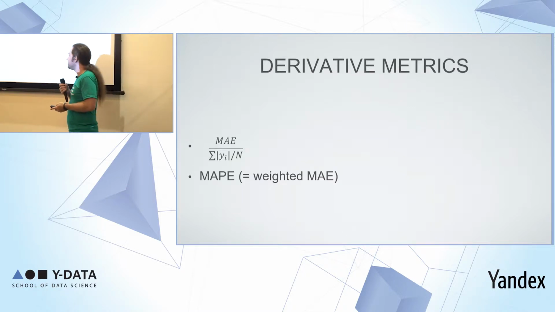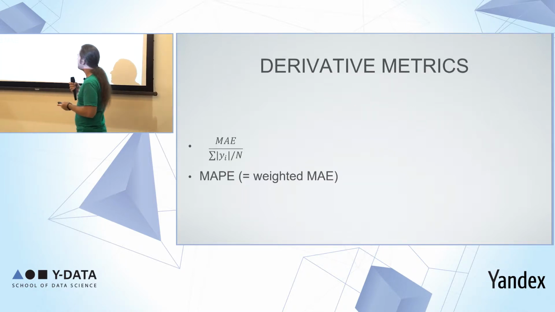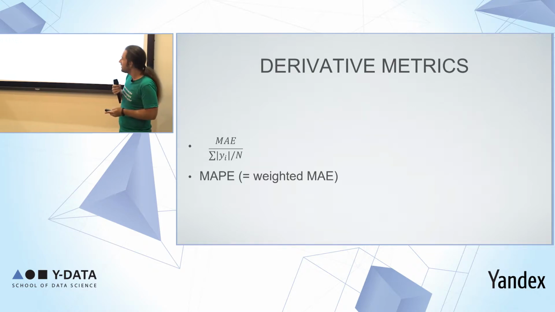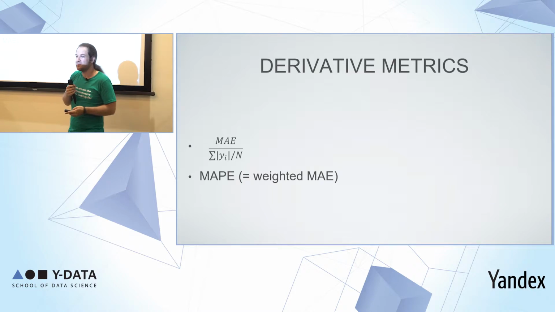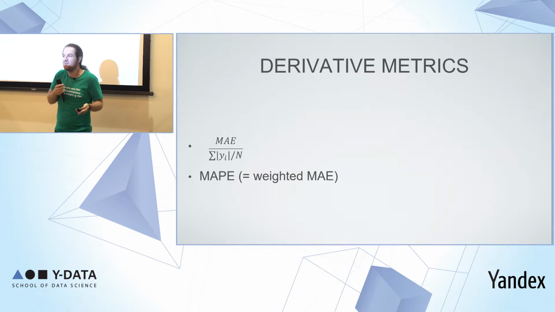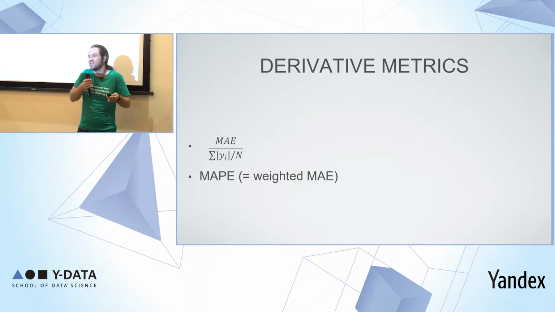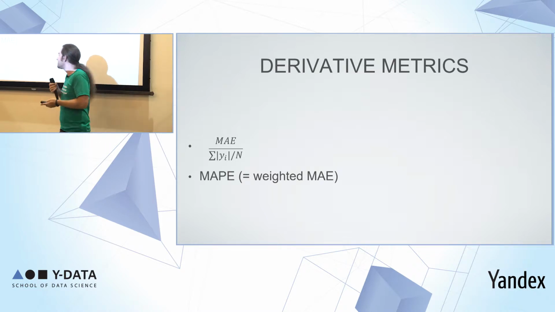Yeah, and one more comment on the metric is that it's very hard to understand what a mean absolute error of 10 means. So usually it's normalized.